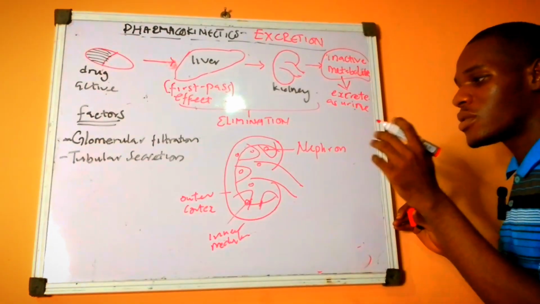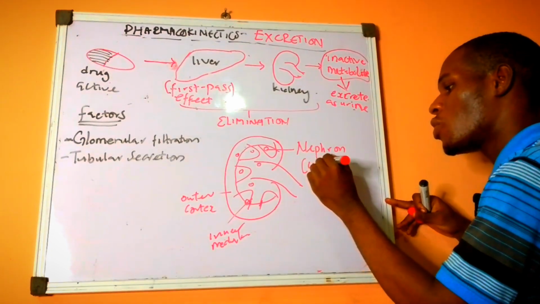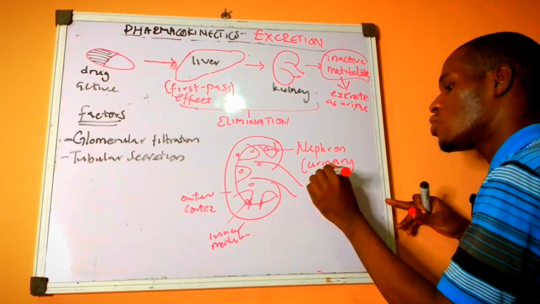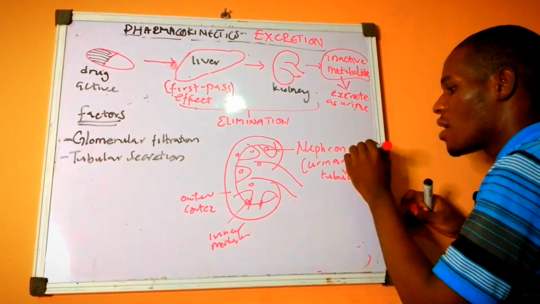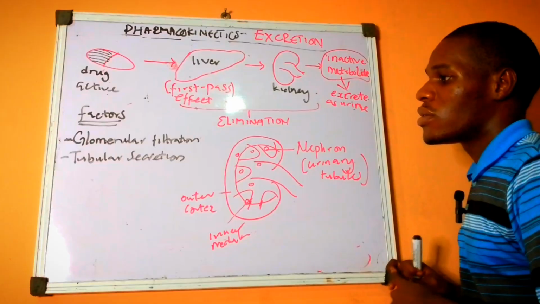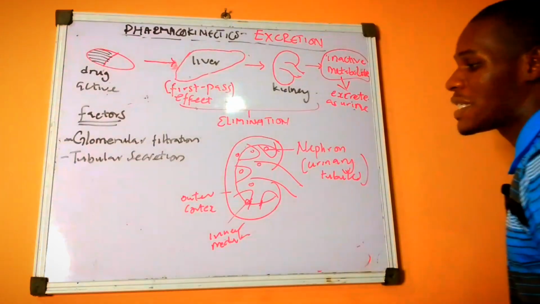If you remember from your renal physiology, they are called nephrons or urinary tubules. You can check out lectures on renal physiology to understand this better, but I'm going to make it as simple as possible.